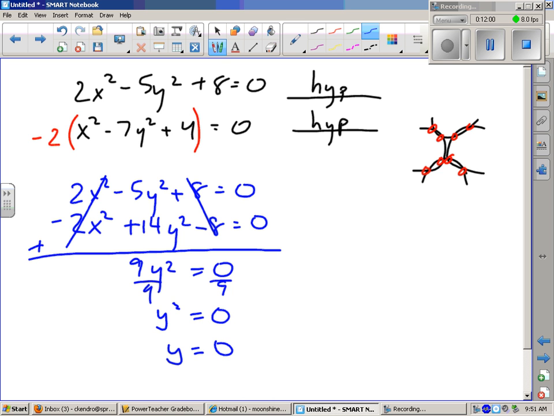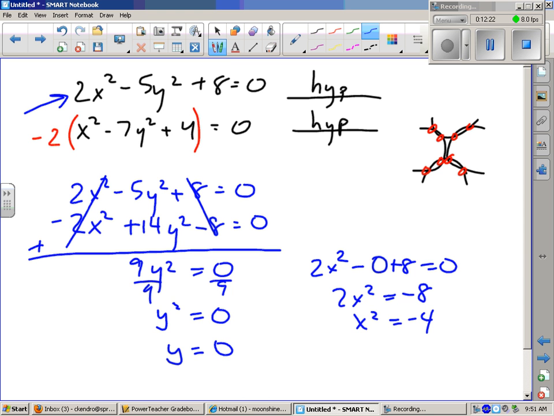So let's plug that back in. I'm just going to do it in the top one here because they're both squares and both hyperbolas. So 2x squared minus 0 plus 8 equals 0. So 2x squared equals negative 8. X squared equals negative 4. Now, is that possible?